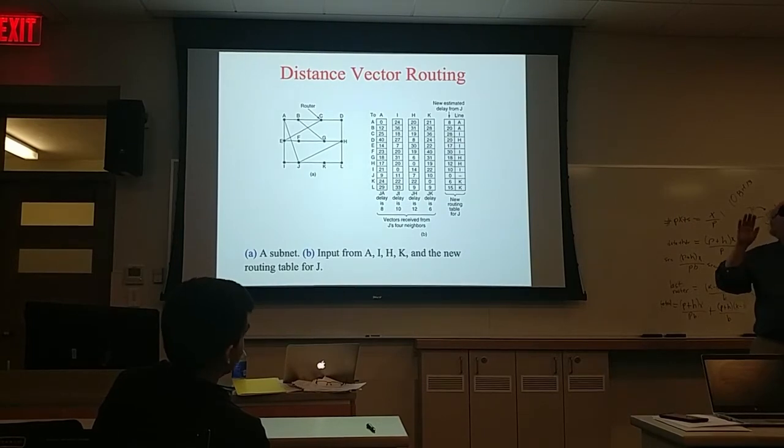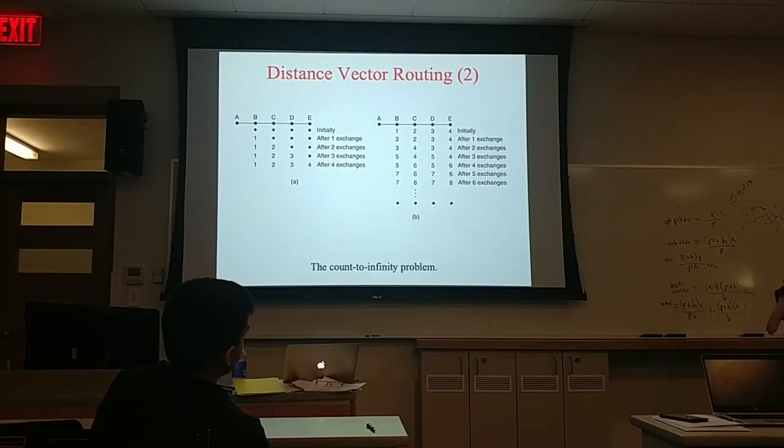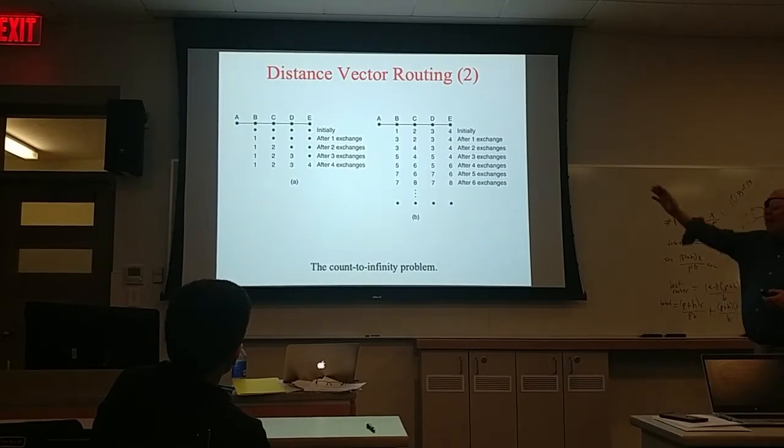Here's the problem, called the count to infinity problem. Here's what happens. A has been down. A comes up, says I'm here, and it's real close.